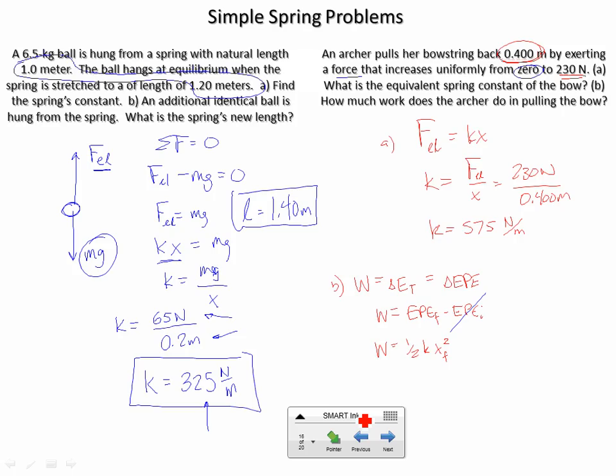Don't forget to square. Oh yeah, we have K. Fine. So 1/2 times 575 times X final, 0.400 meters, squared. 575 times 0.4 squared divided by 2 equals 46 joules. Okay? What do you think?